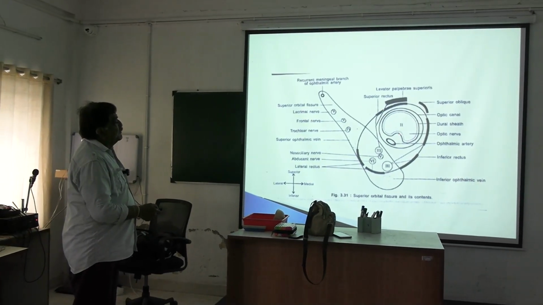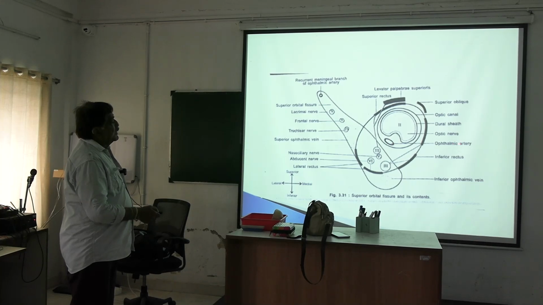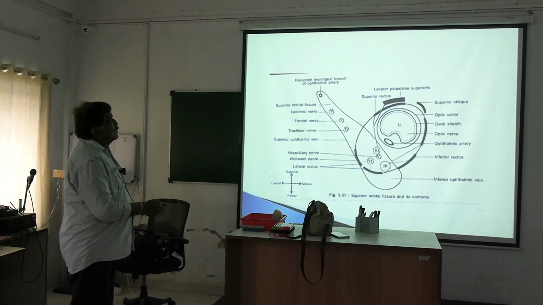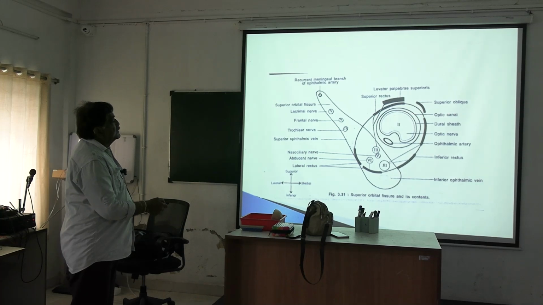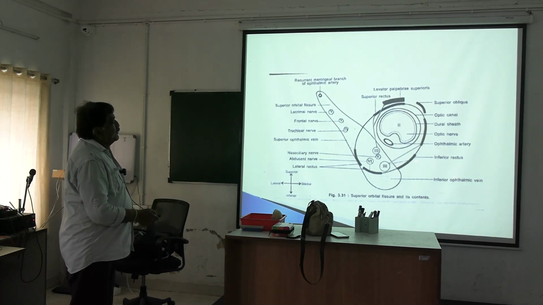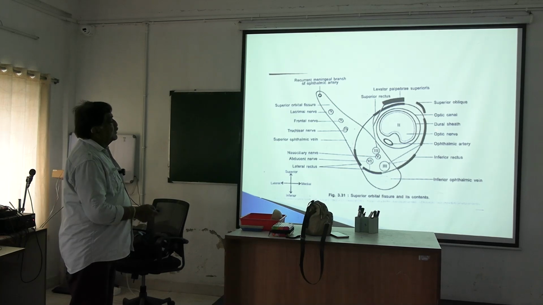This is the optic nerve, and this is the ophthalmic artery. Now, this is the dural sheath and optic canal. This is the optic canal. The inferior rectus, third nerve, inferior ophthalmic vein.